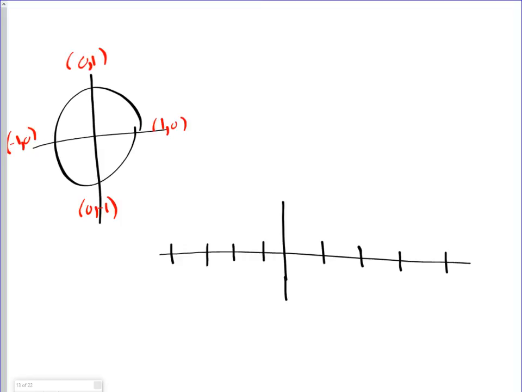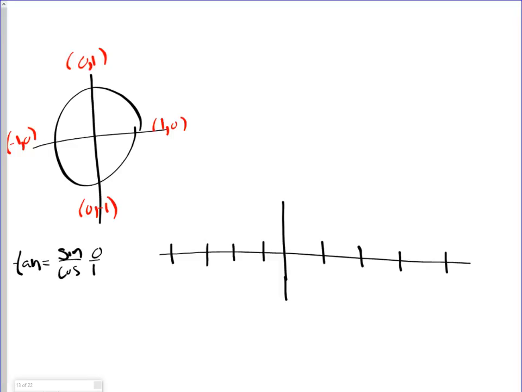So tangent is a little weird. You're not going to get as much shape from it, so you just need to know what the shape is going to look like. Let's start at 0 radians. What did we say tan was? Sine over the cosine, right? So what is 0 over 1?